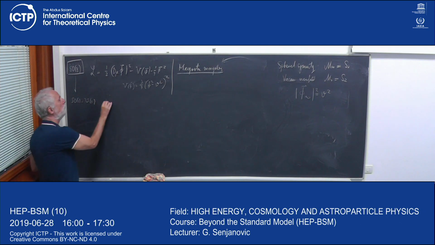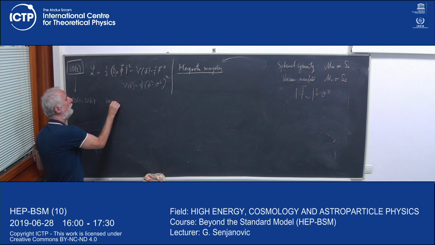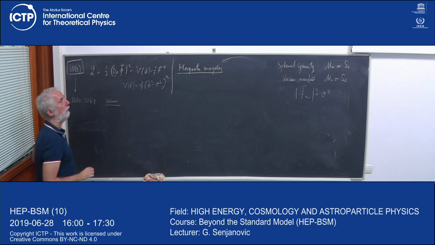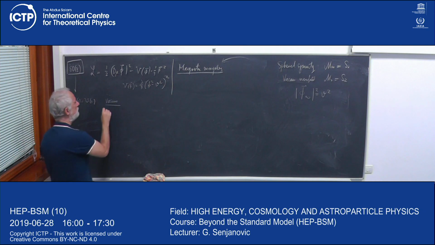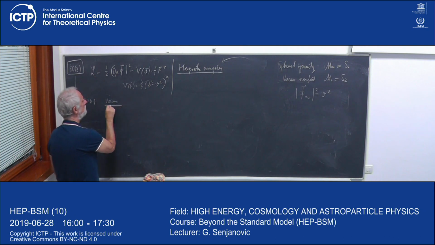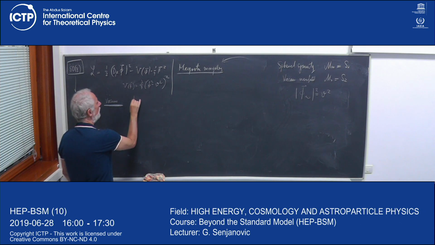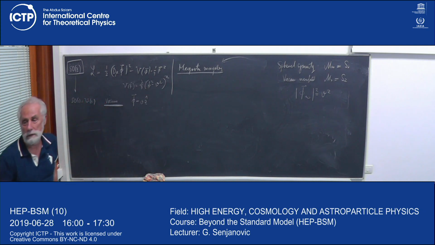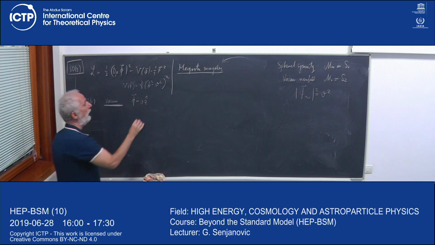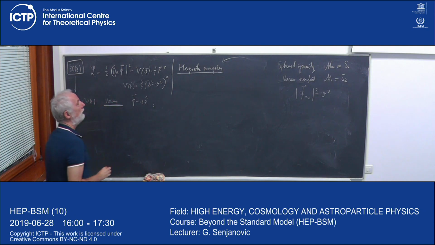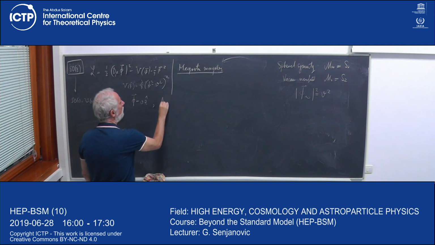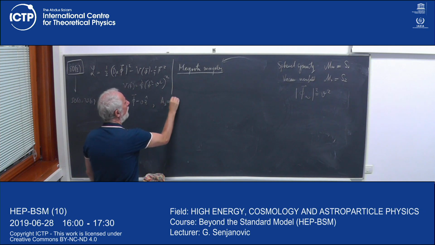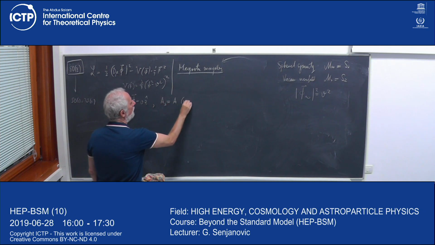So in the vacuum of the theory was phi, for example, in this direction, and the A3 gauge boson is the massless photon.